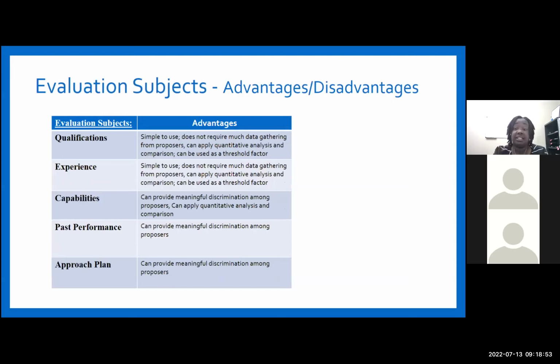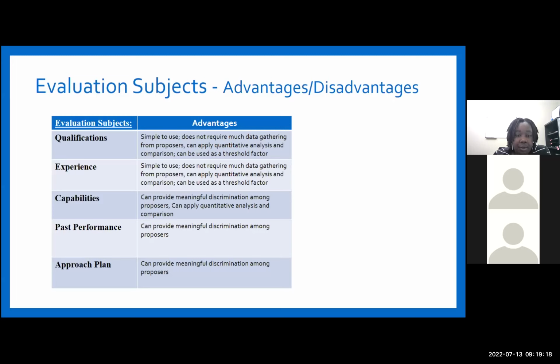And here are the advantages and disadvantages of each evaluation subject. So qualifications and experience, both are easy to use. You don't have to get as much information and review as much information with either of these two evaluations. Capabilities can provide meaningful discrimination, and also it can apply quantitative analysis and comparison.